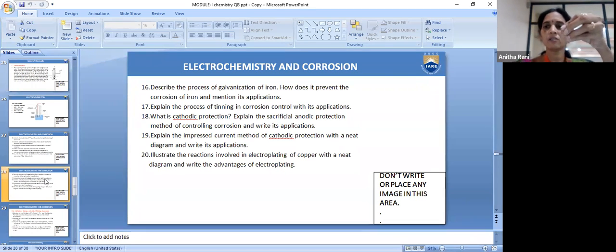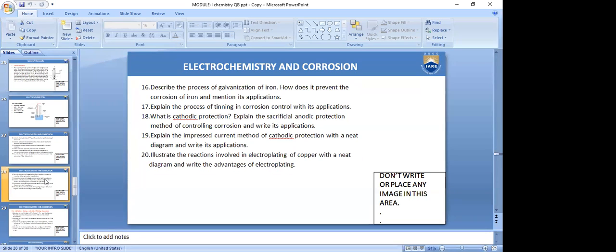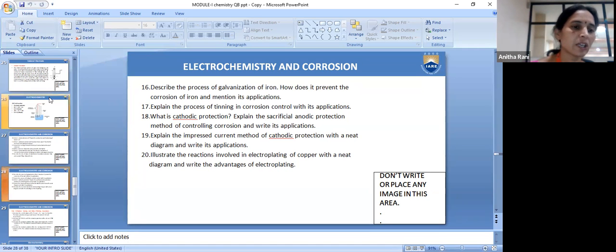The metal ion and the oxide ion react together, forming a metal oxide layer on the surface of the metal. You have to explain that here with the diagram.